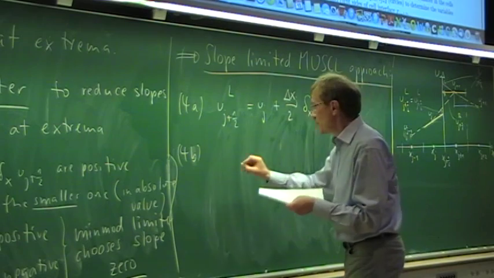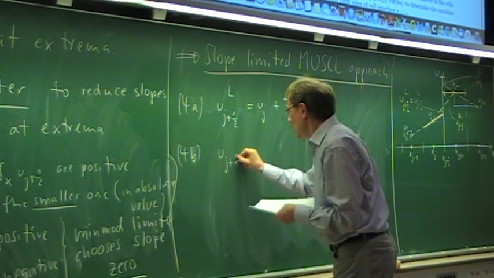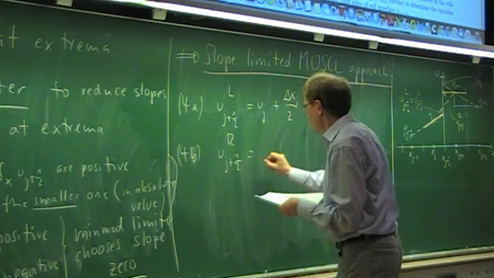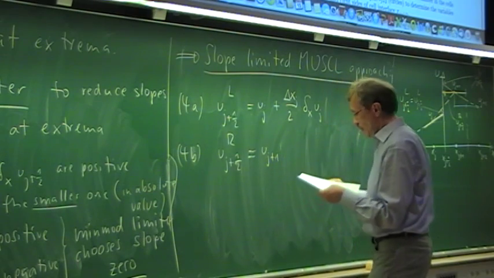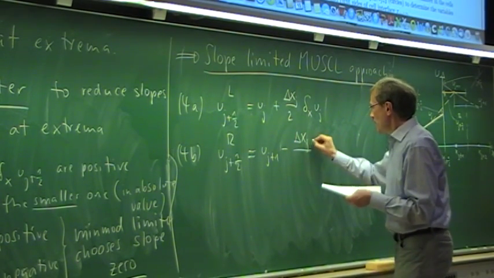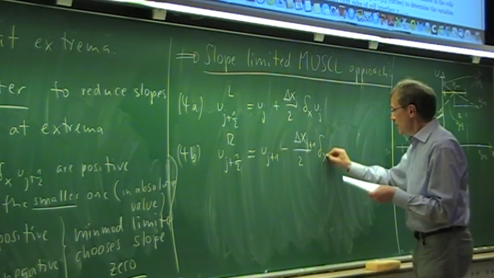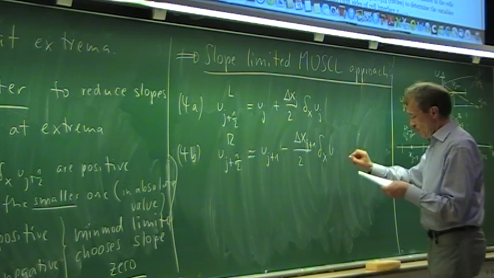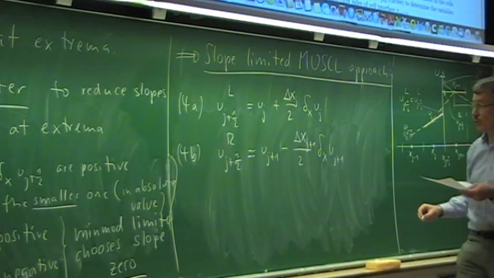And the right reconstruction, uj plus 1/2 right, is obtained by the value in the cell uj plus 1 minus the length of that cell uj plus 1/2 times the slope that is related to the cell uj plus 1, which is also defined shortly.